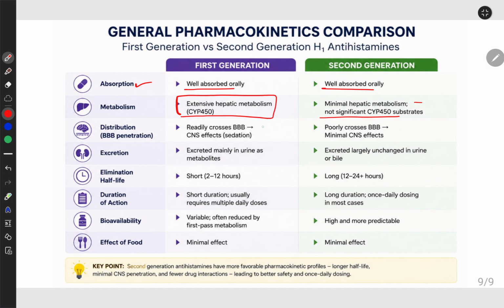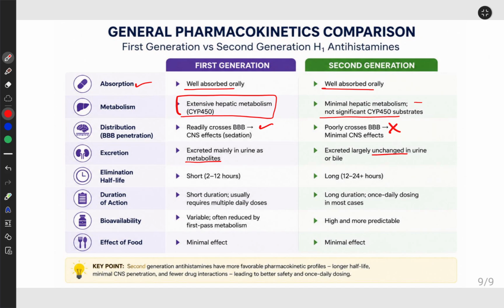First generation cross the blood brain barrier and produce CNS side effects, whereas this is not seen with the second generation. Both are excreted in urine, but first generation are generally excreted as metabolites, whereas the second generation, many of them are excreted unchanged.